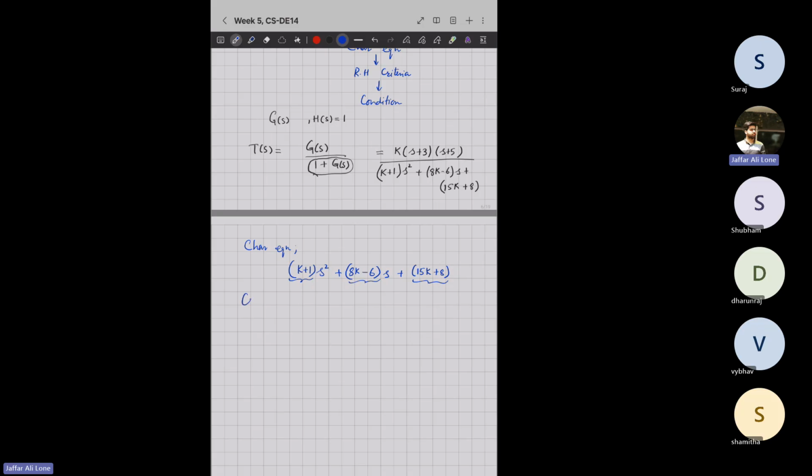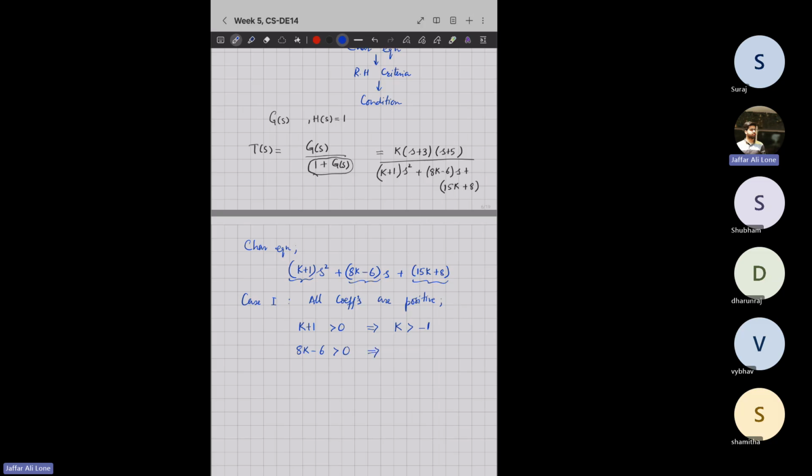So if I take case number 1, which means all coefficients are positive, then K plus 1 should be greater than 0. It implies my K is greater than minus 1. Similarly, 8K minus 6 should be greater than 0.